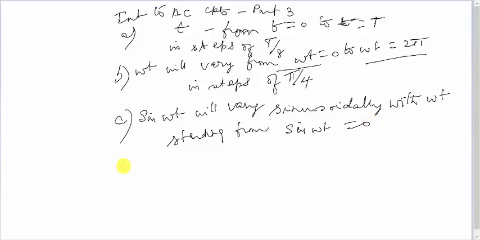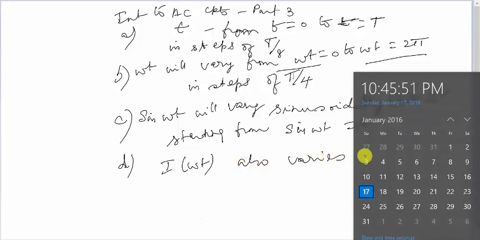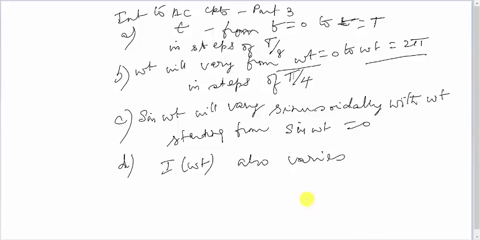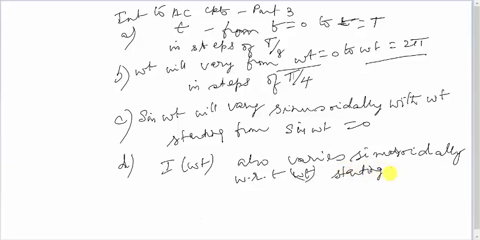Now D will be this. So I, as a function of omega t, also varies sinusoidally with respect to omega t, starting from 0.